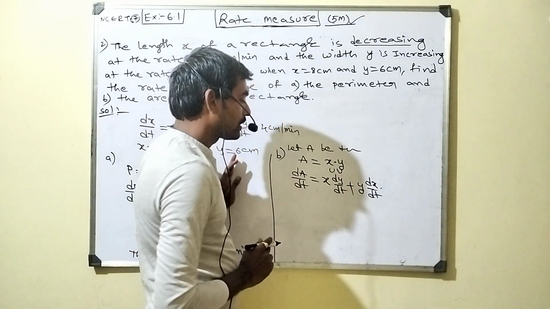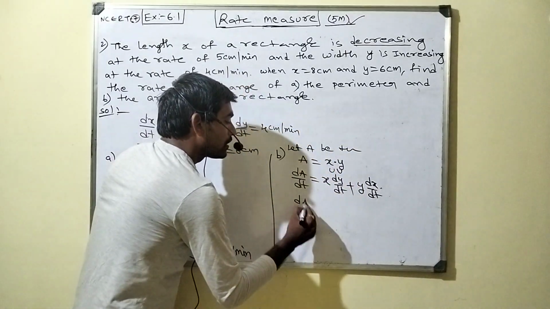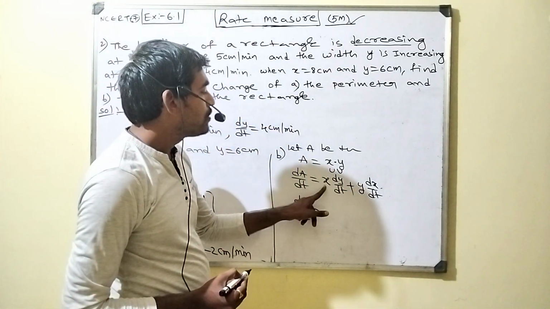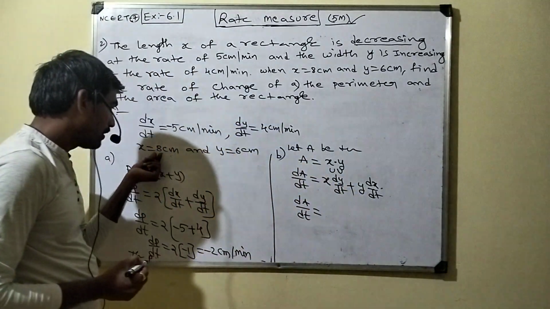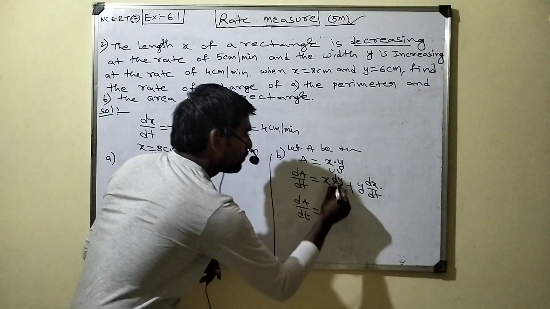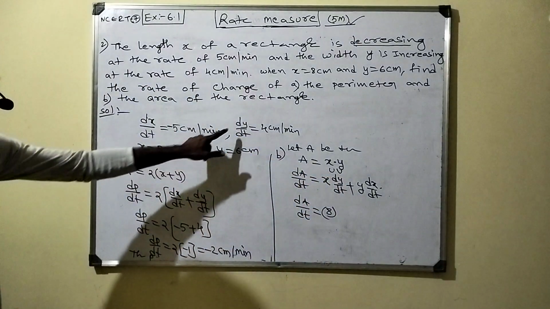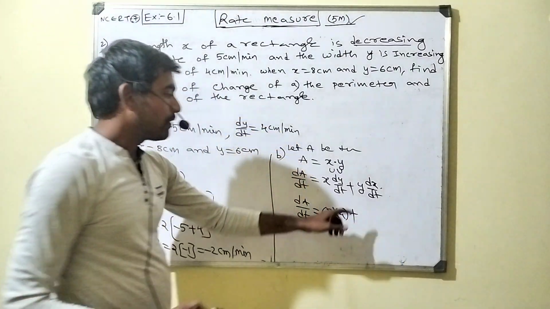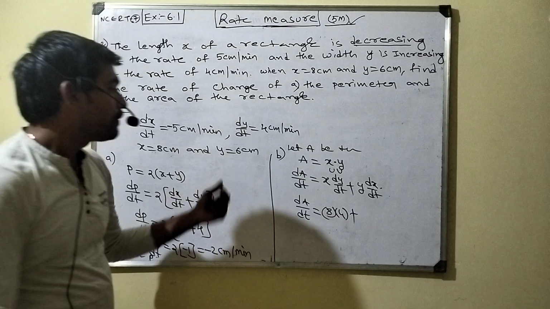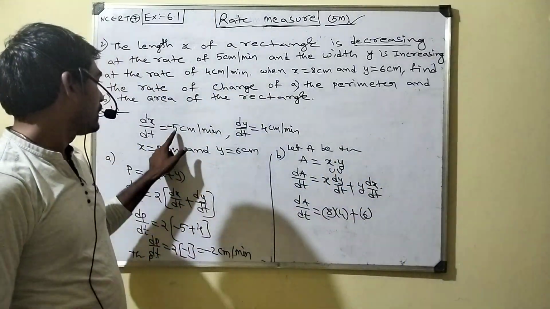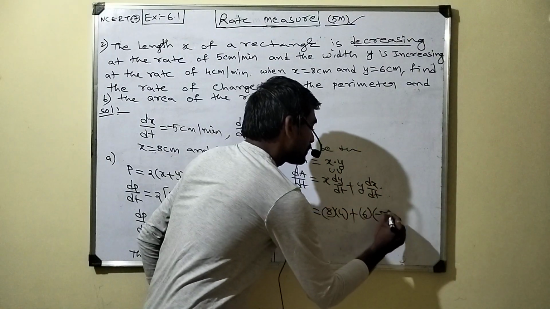So now let me write dA by dt is equal to, what is the value of x they gave in the question? x value is 8, and dy by dt value is 4, plus y is 6, and dx by dt they have given is minus 5.